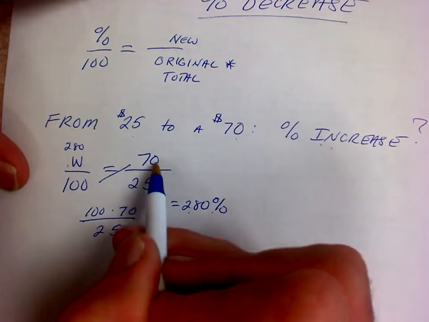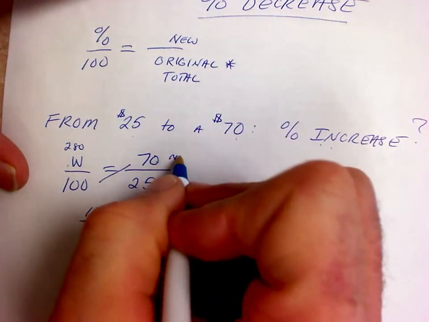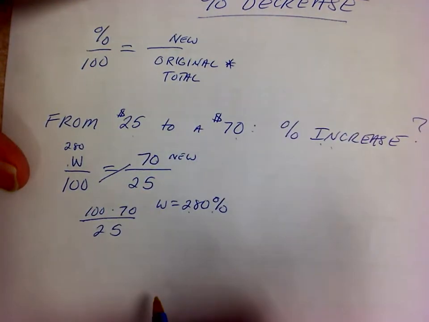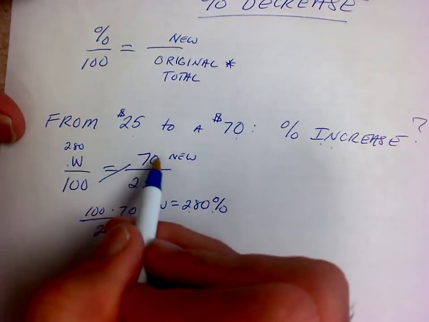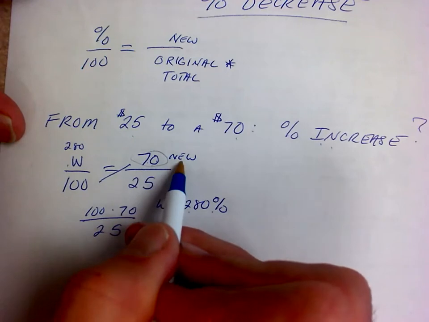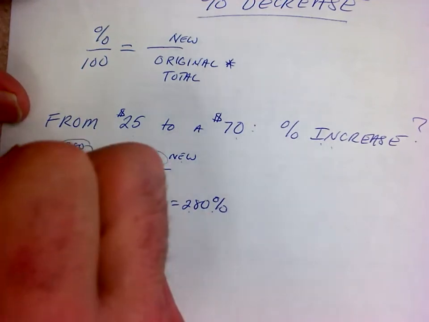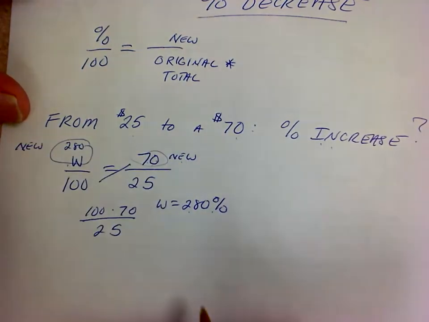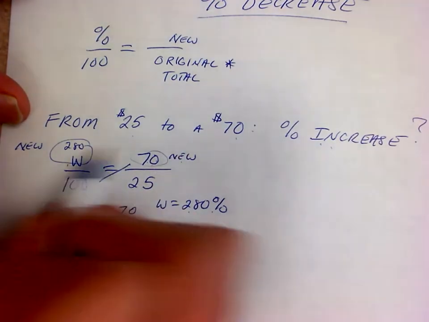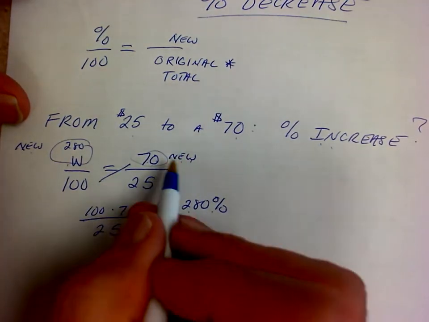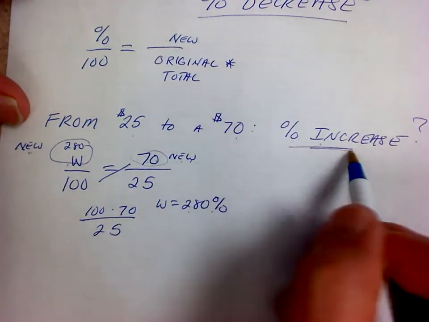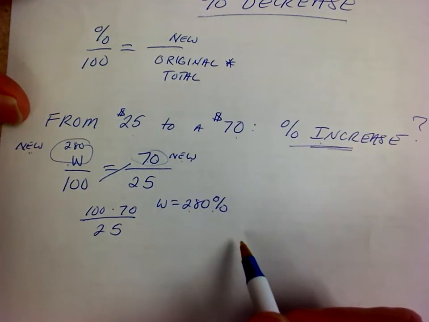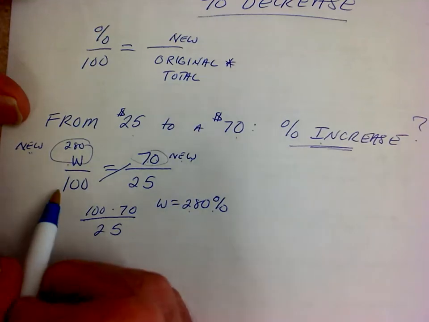$25 is our original, $70 is our new price. Again, as proportions go, if this value represents a new price, then this value represents a new percent. Okay? Consistency here. New price, new percent. So that does not answer what we need. The question wants to know how much did the percent increase.